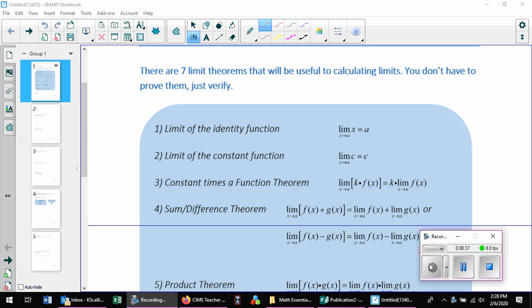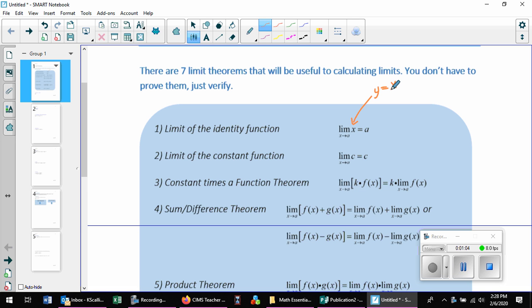This is called the identity function, because your function is just x. Y equals x. So as x approaches a, say x is approaching 2, what's my y doing?